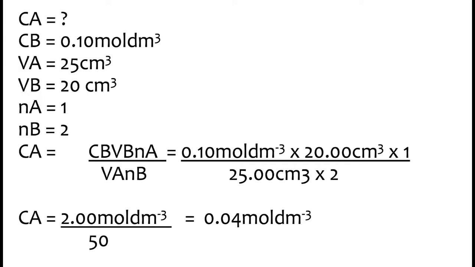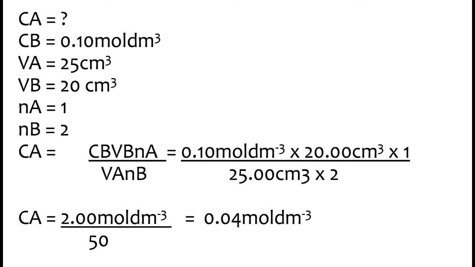If you can see, the centimeter cube will cancel out, and your final answer will remain in mole per dm cube. If you have a calculator, you multiply 0.10 times 20, you will get 2.00, and if you multiply 25 by 2, you will get 50, as you can see there.